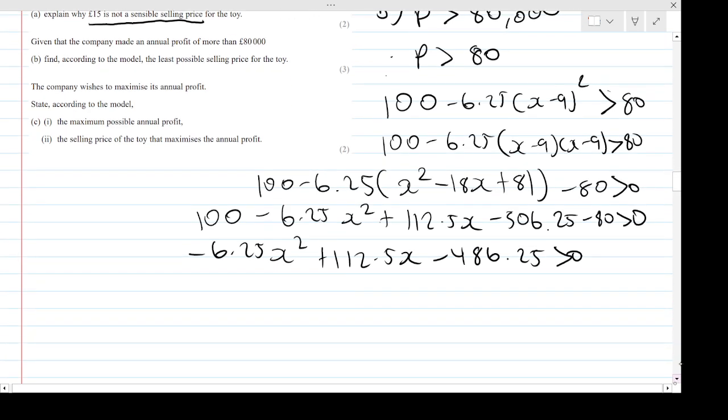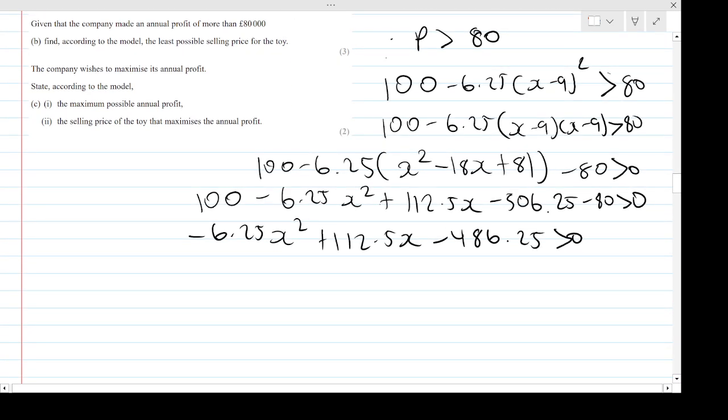Okay, now I don't like these numbers. I want to simplify this a little bit, so I'm going to divide by the x squared coefficient. So I'm going to divide by minus 6.25. So that'd be left with x squared, and then 112.5 divided by minus 6.25. I get minus 18x, which is a lot nicer to work with.